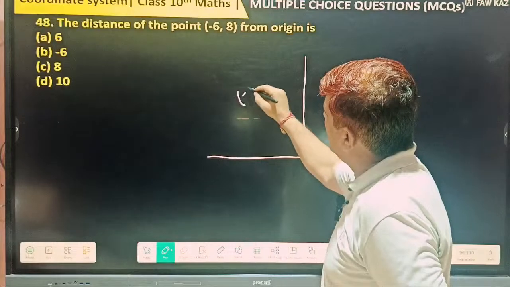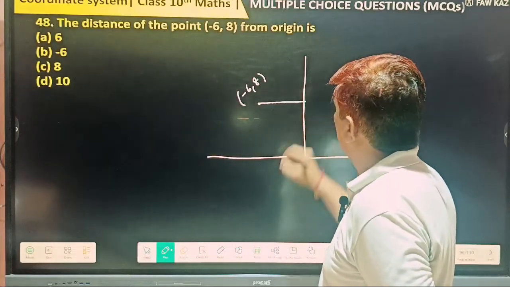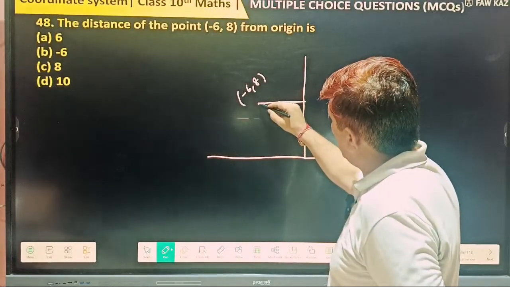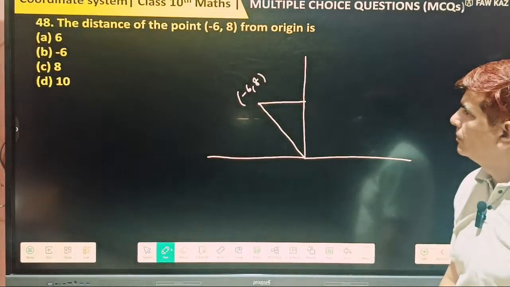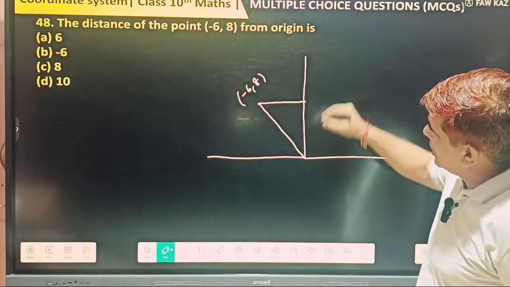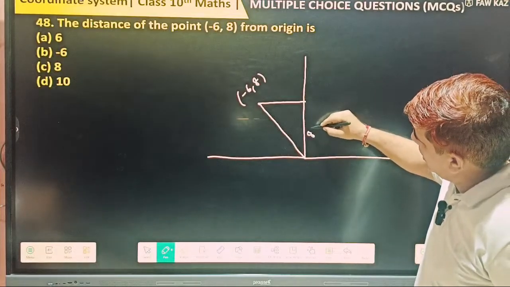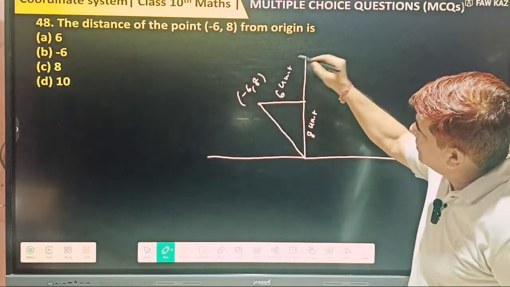Whose coordinates are minus 6 and this, and from the origin. How much distance is this from the x-axis? 8 units. This is 6 units.